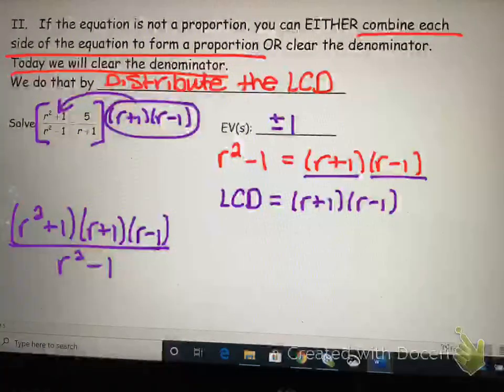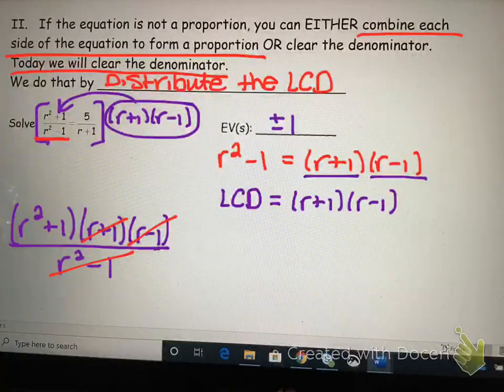But what we're doing is multiplying something to the numerator that will then cancel out the denominator, because this r plus 1 and r minus 1 are the two factors for that denominator. So all that would be left of this left side of the equation is this r squared plus 1.